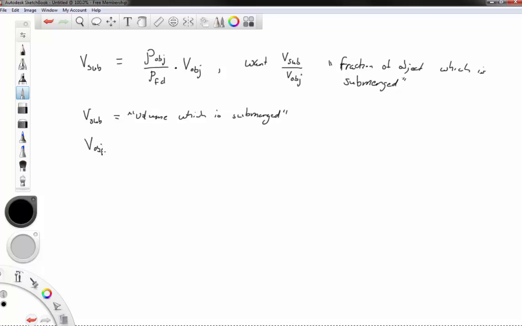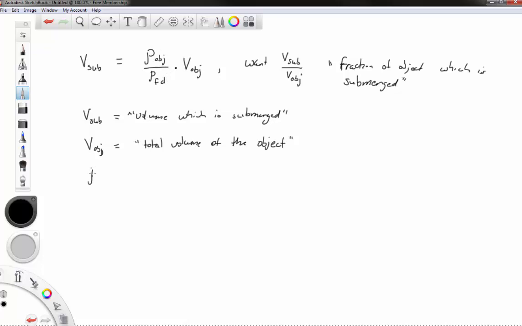V_obj is basically what we would call the total volume of the object. And so the bigger the object is, the more total volume of that object could be submerged. Okay, and this ratio, rho object over rho fluid displaced, or rho fluid, is basically just a description of how floaty the object is.